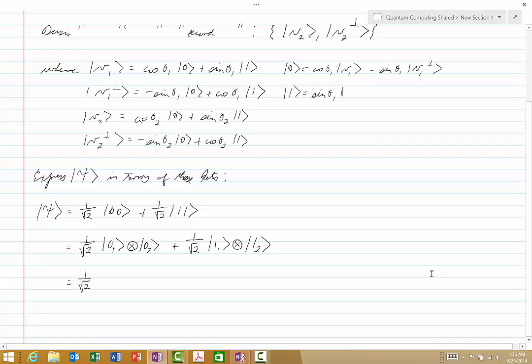So I'm going to put a 1 here just to stress that we're talking about the first qubit. Okay, so the 1 in the first qubit can be written as sine theta 1 V1 plus cosine theta 1 V1 orthogonal.